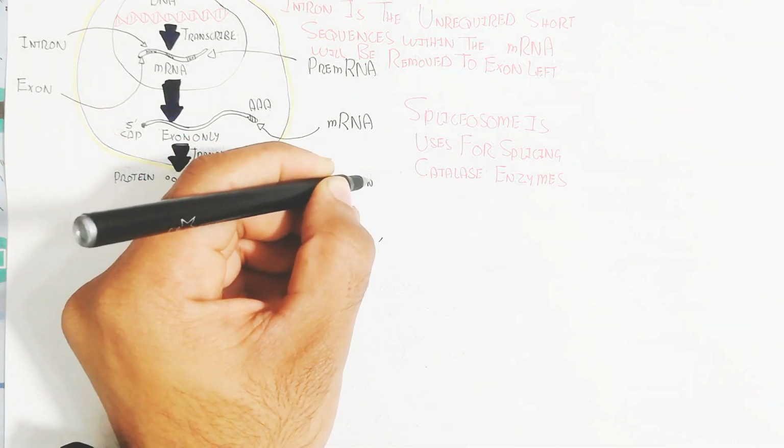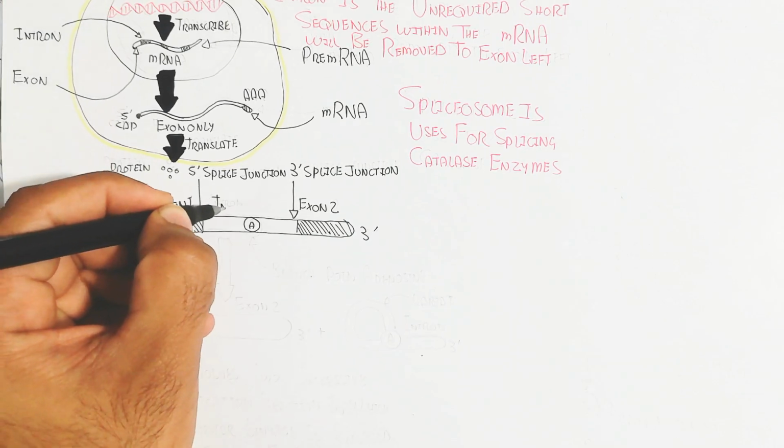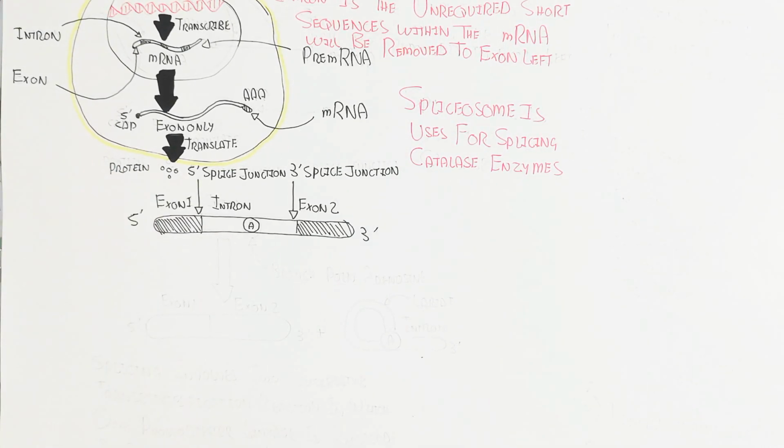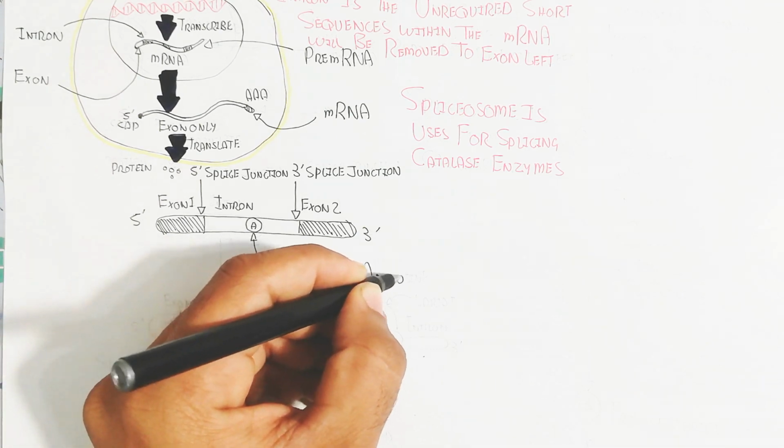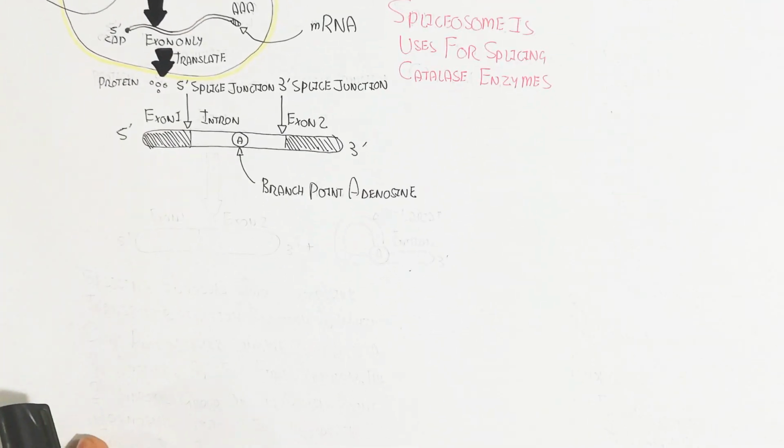And this is the 5' splice junction within the intron and the 3' splice junction, and the branch point adenosine is present here.